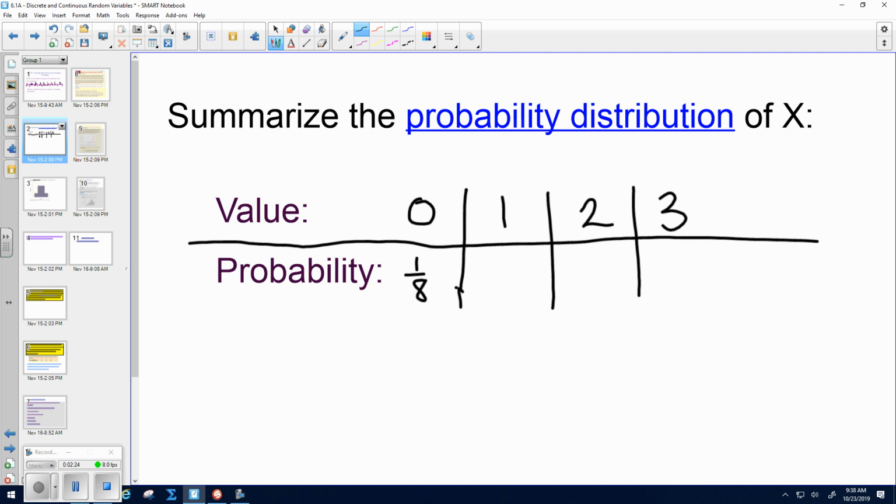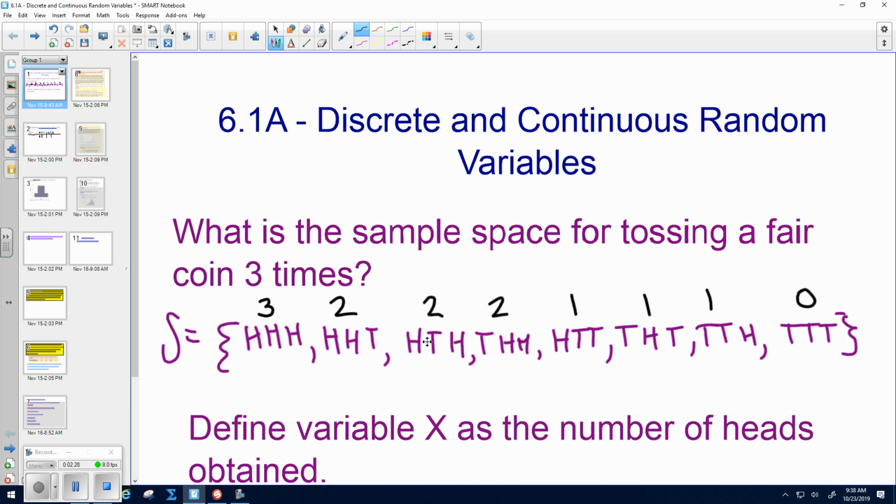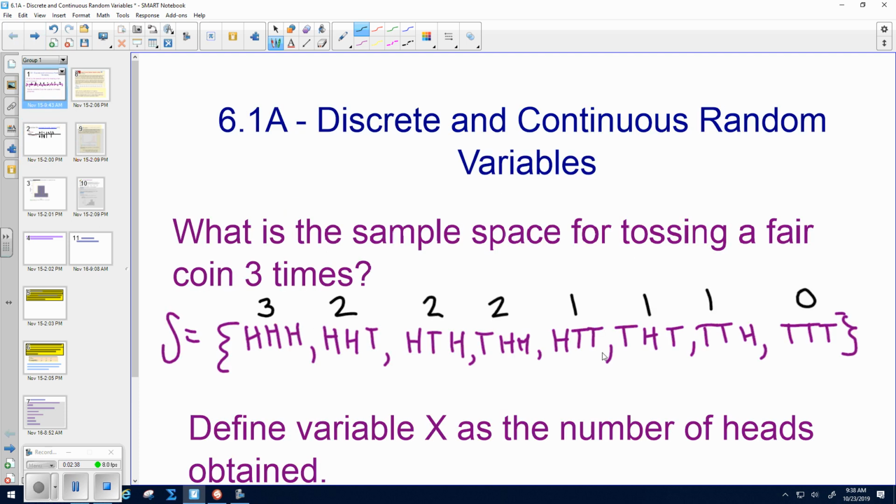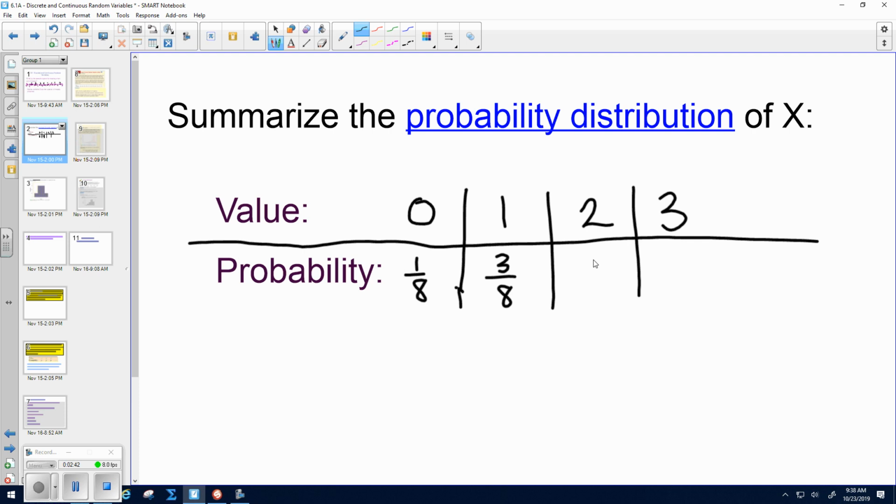What's the probability of getting 1 heads when you toss a coin 3 times? 3 out of 8. What's the probability of getting 2 heads? 3 out of 8. And what's the probability of getting 3 heads? 1 out of 8. So that would be a probability distribution.